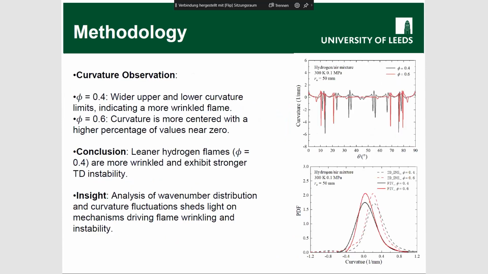We then compare the curvature data between equivalence ratios 0.4 and 0.6, and we also do the PDF analysis based on the curvature.